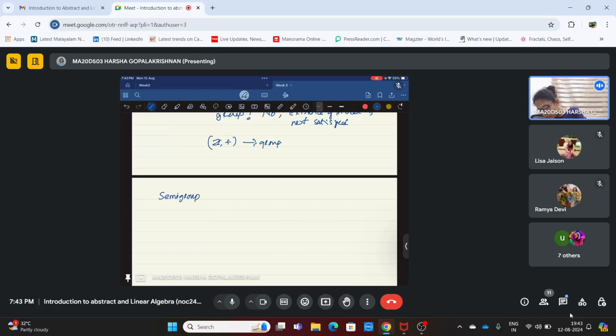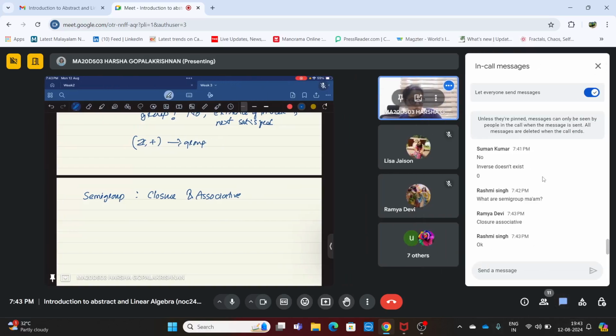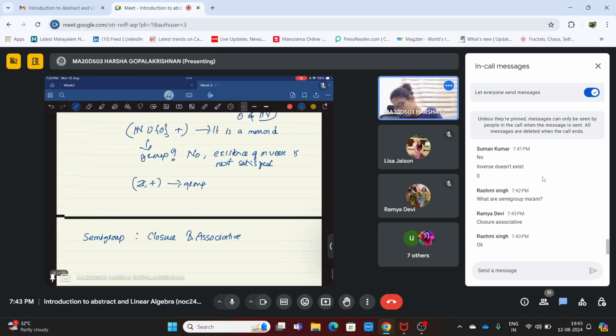Semigroup means closure and associative property. So a semigroup is closure and associativity, and a monoid adds the identity. Okay, now we will go to the next question.